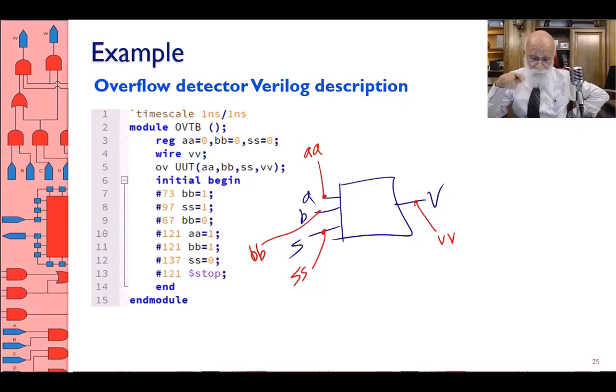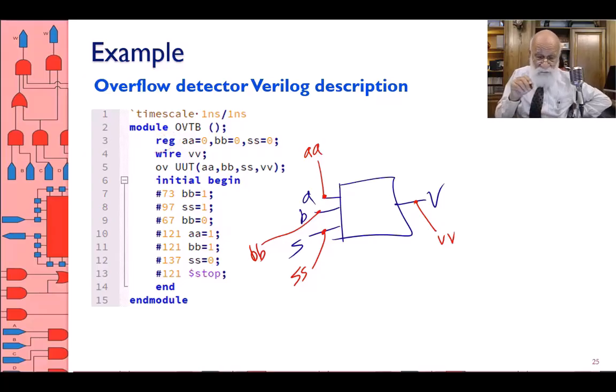And those that are connected to the inputs, like AA, BB, SS, these are declared as reg. This is what Verilog requires. It says that if you want to put some value into something and it's an input, then declare it as reg. So I declare it as reg.